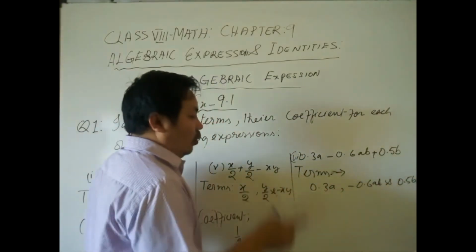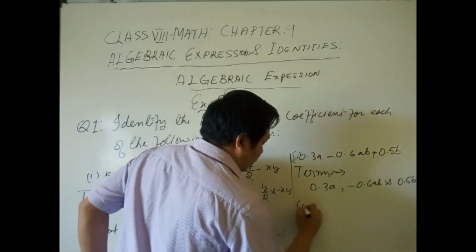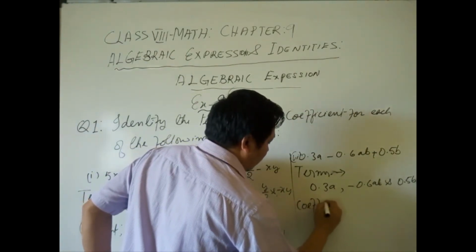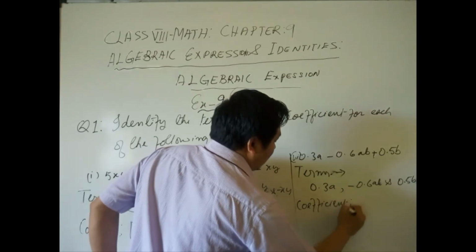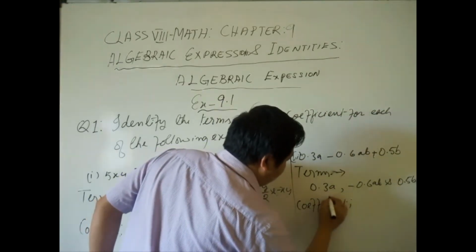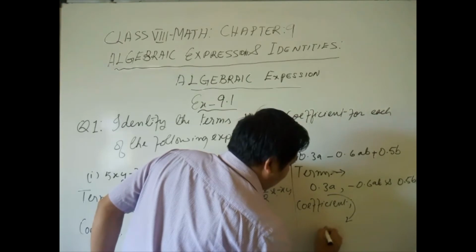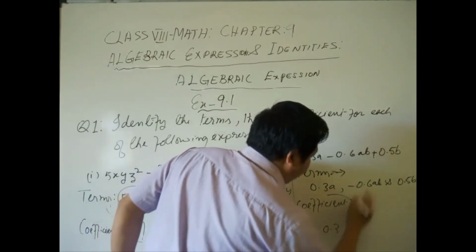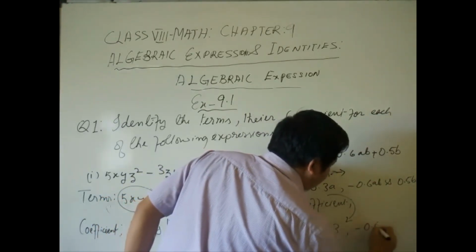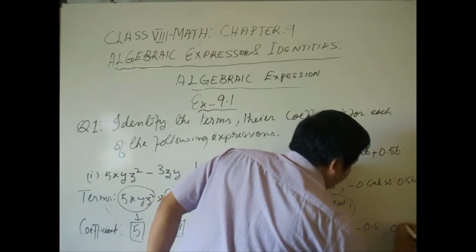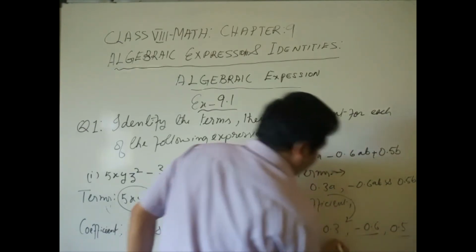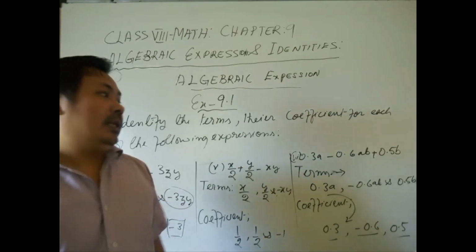So what are the coefficients? For the first one it is 0.3, for this it is minus 0.6, and for this it is 0.5. These are the three coefficients of the three terms in the expression.